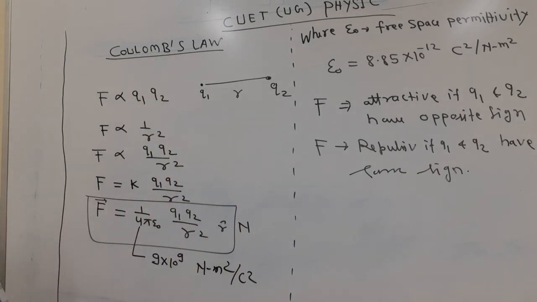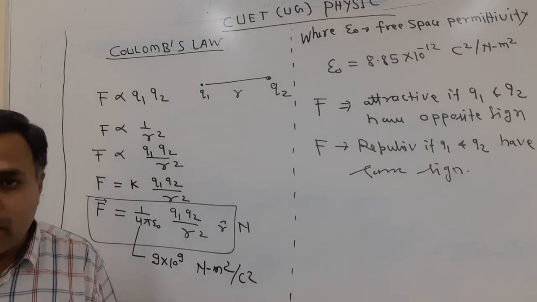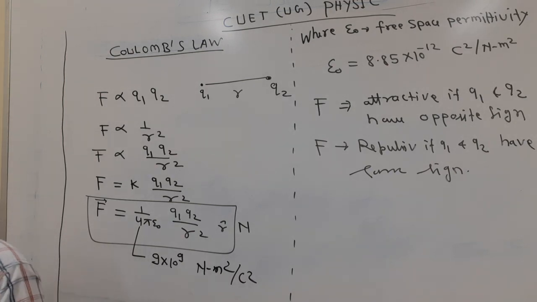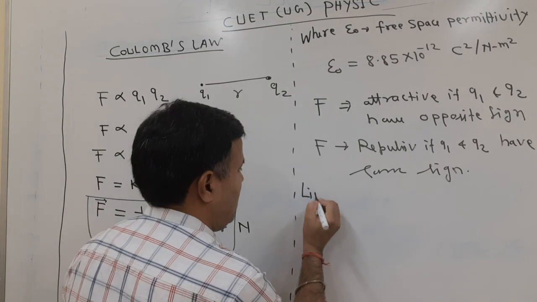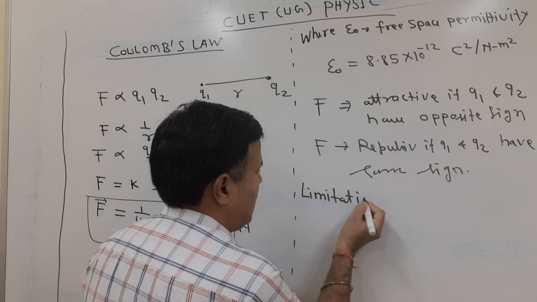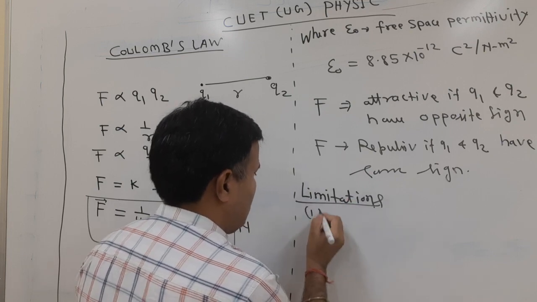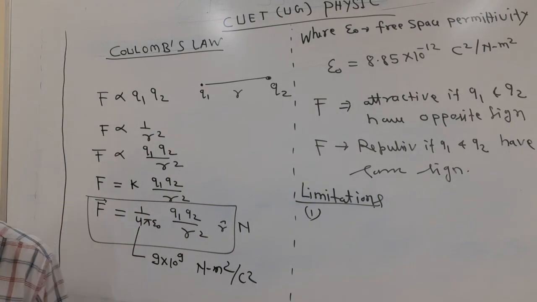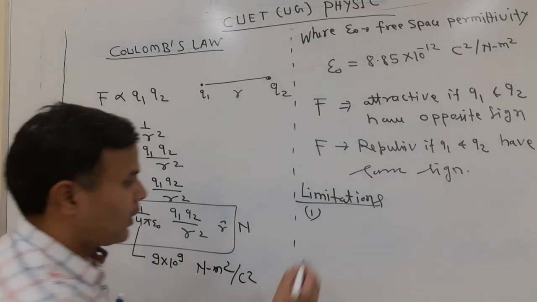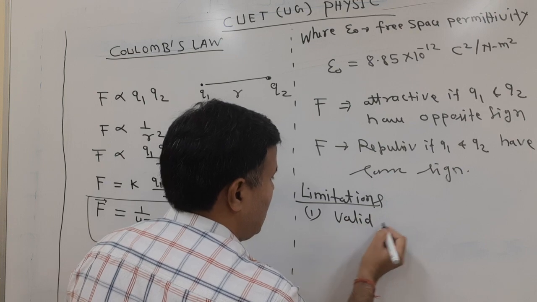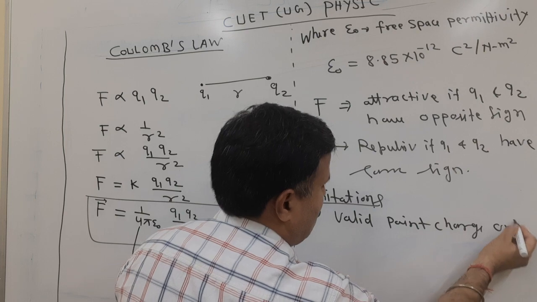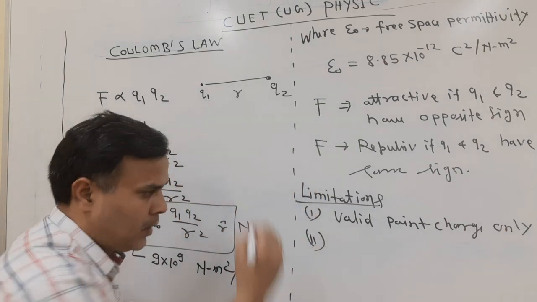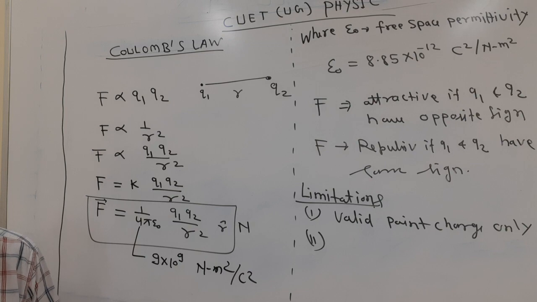Now its validity and its applications. Coulomb's law has a limitation. The first limitation is that it is valid for point charges only.